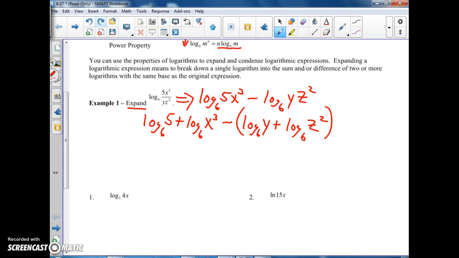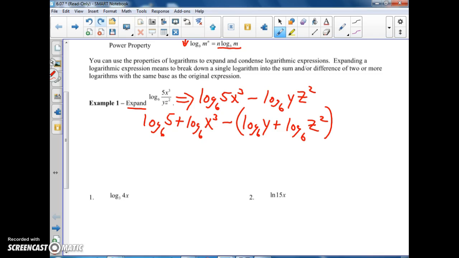So all this stuff is being divided into log 6 of 5 plus log 6 of x cubed. Without the parentheses, it's saying I'm only dividing by this and not by this. It's totally different. So I'm dividing by both of them. All right, now let's go to the next part.